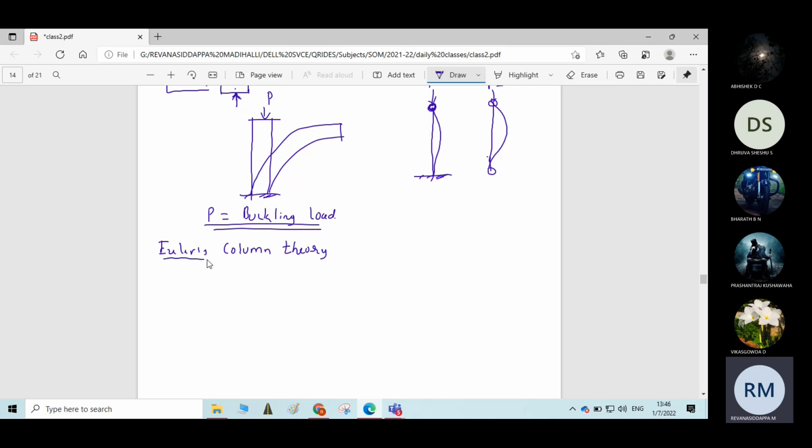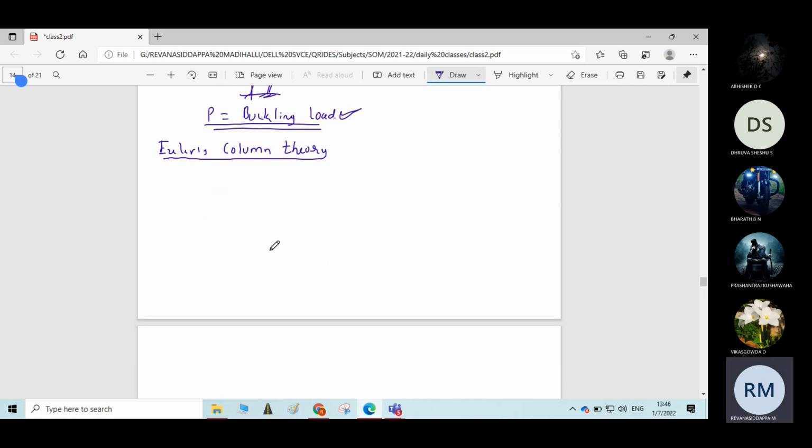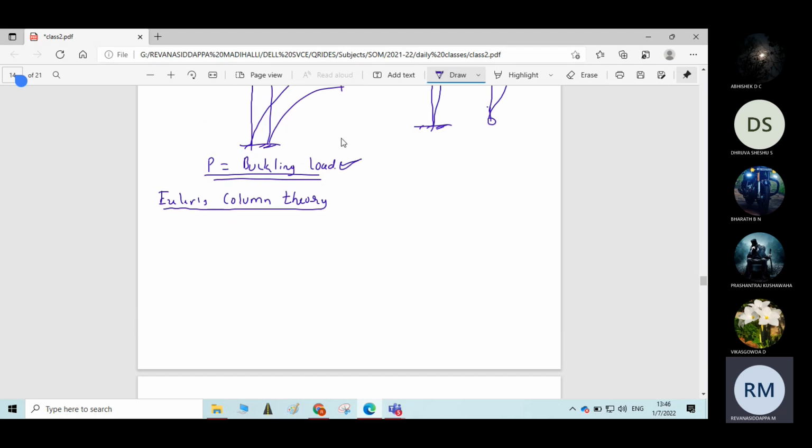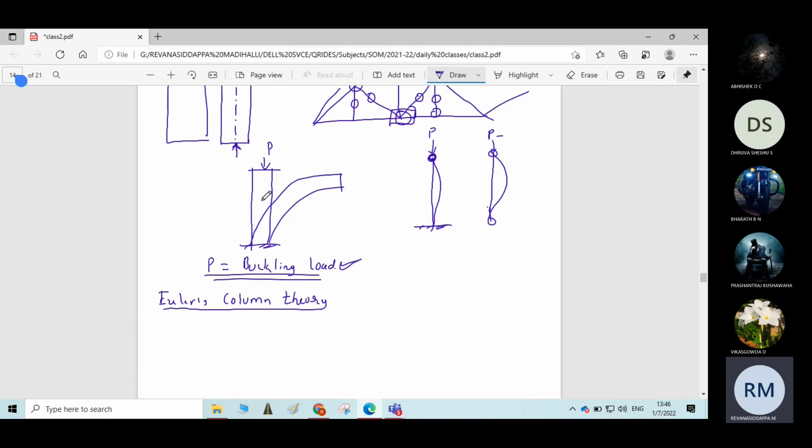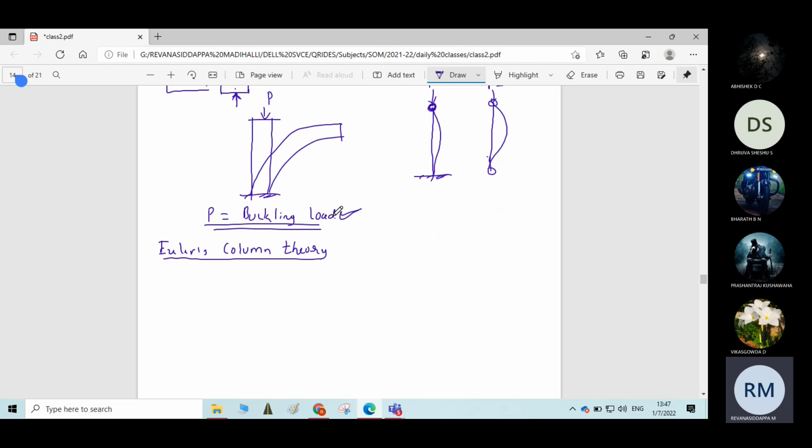Euler proposed a theory to find the expression for this buckling load P. Based on this theory, we will find the expression for buckling load for different end conditions of the column: when both ends are fixed, when one end is fixed and the other is free, when both ends are hinged, and when one end is fixed and the other is hinged. For all these cases, we will find the expression for buckling load.